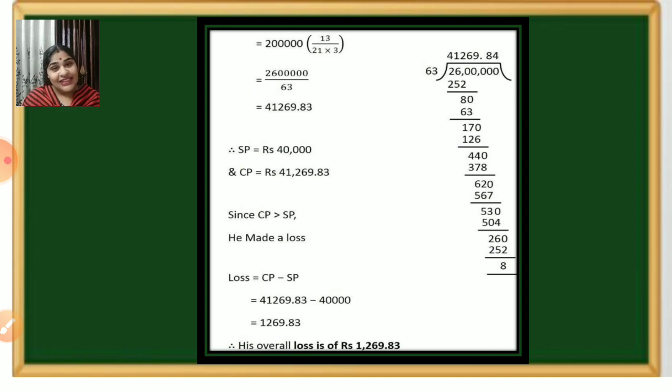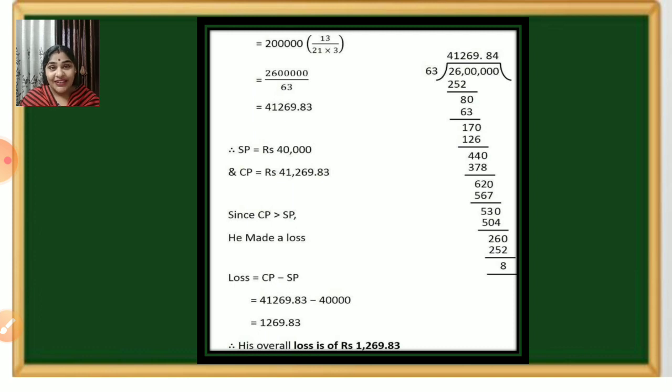So loss is equal to CP minus SP. So 41,269.83 minus 40,000 will be equal to 1,269.83. His overall loss is rupees 1,269.83.